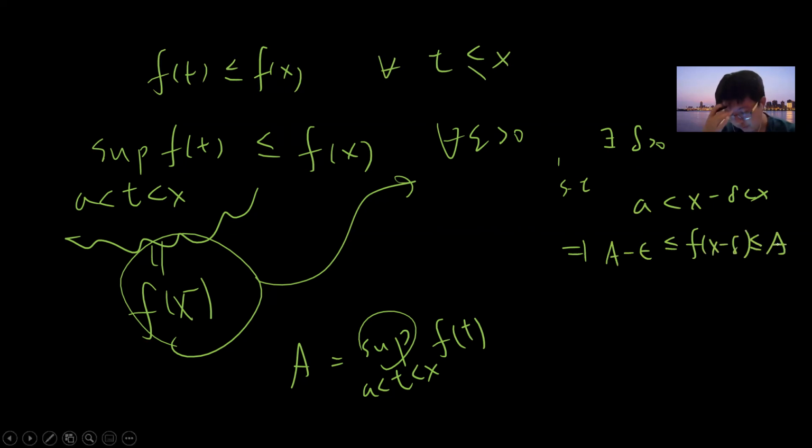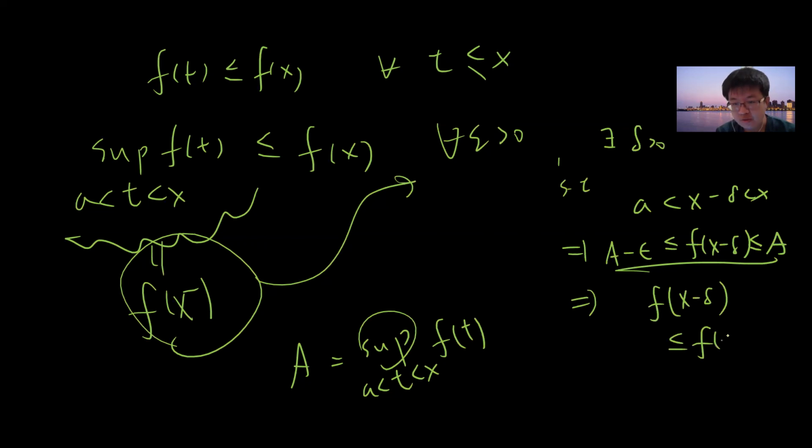So you have this. And you know that f is monotone, right? So you get that f(x minus delta) is less or equal to f(t) for any t with x minus delta less than t less than x.